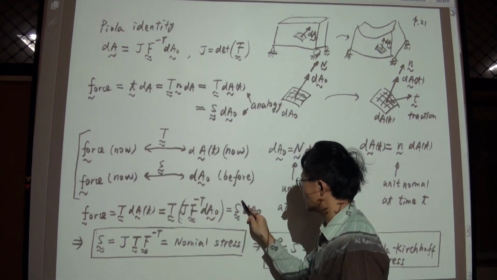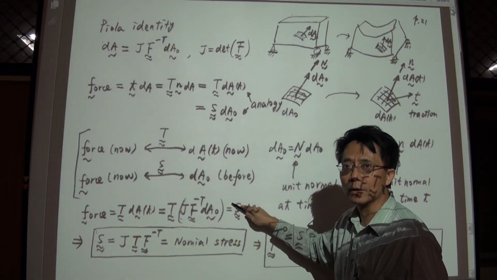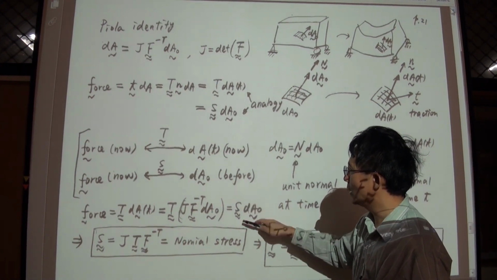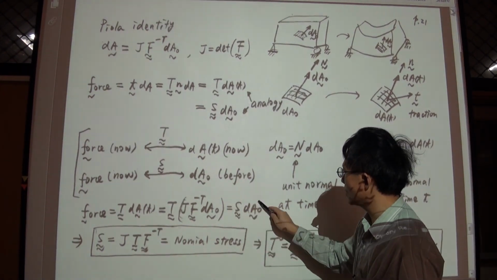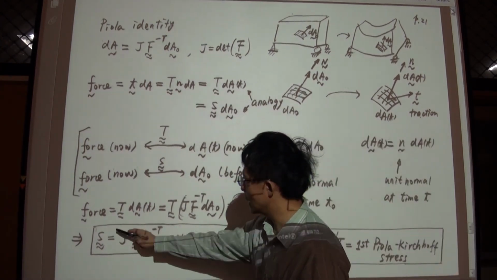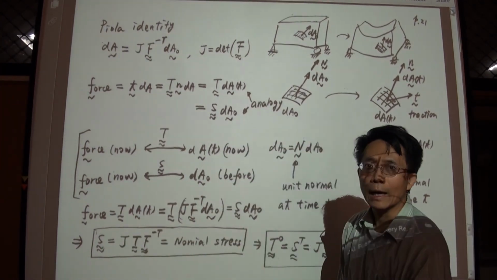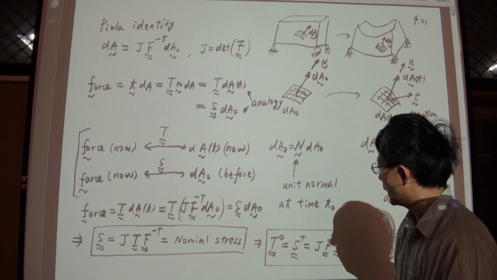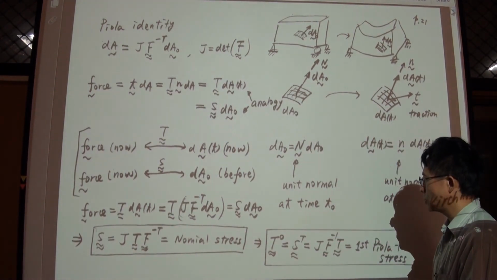This something is the nominal stress, or the Piola-Kirchhoff stress. So we write it here, and this one equals this one, and this one equals this one. In this way we find the relation between the Cauchy stress and the nominal stress.